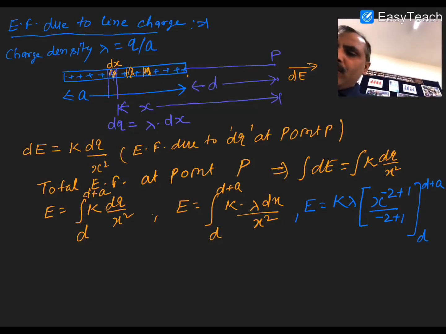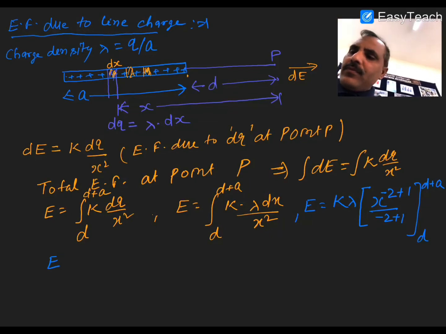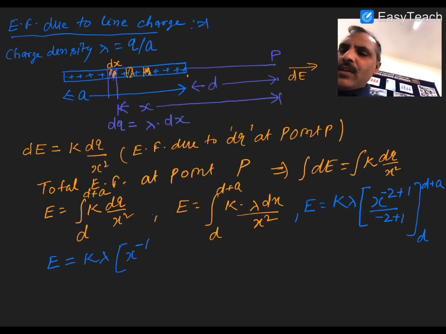So E is equal to k lambda times x to the power minus 1 upon minus 1.